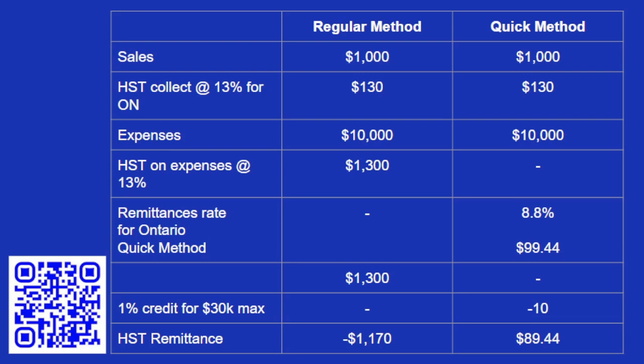So if you were to use the regular method, you'd be asking CRA back for a refund of $1,170 that you paid HST in. Now, if you were to use the quick method, you'd be paying.